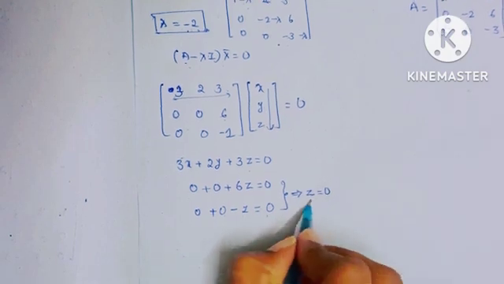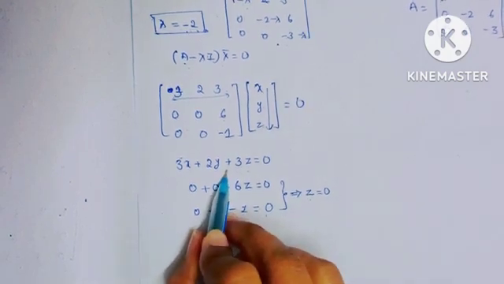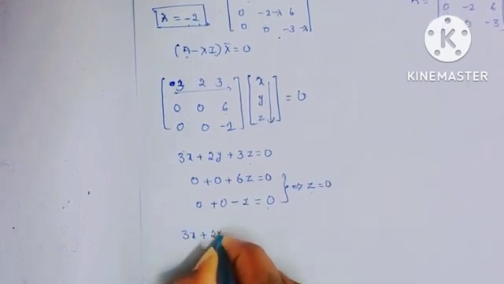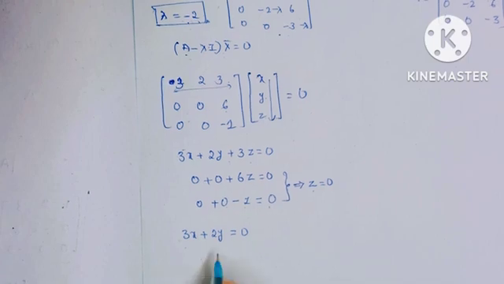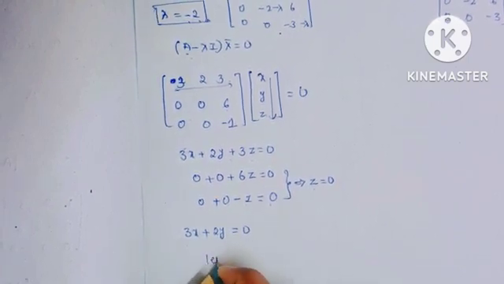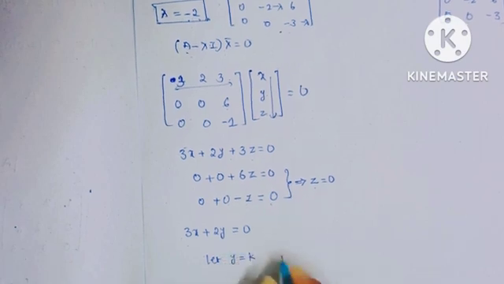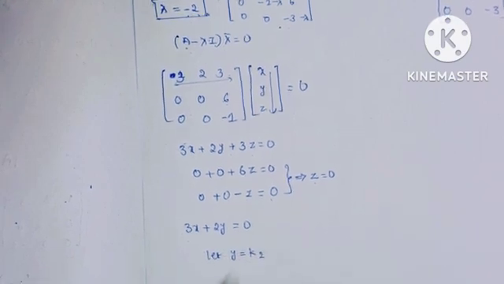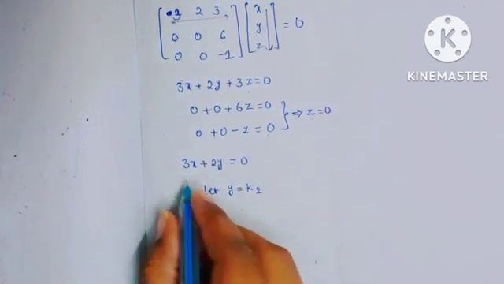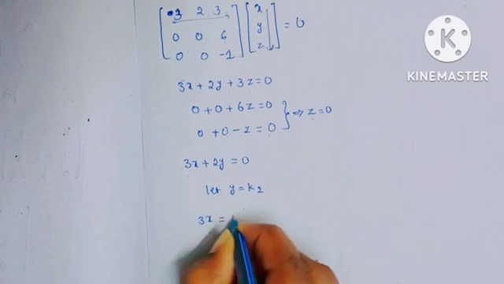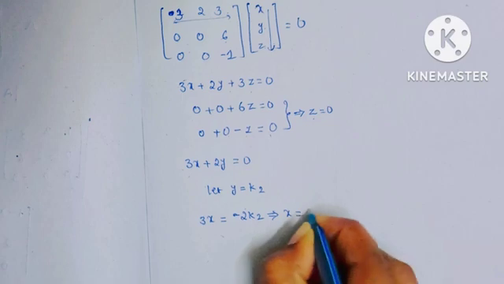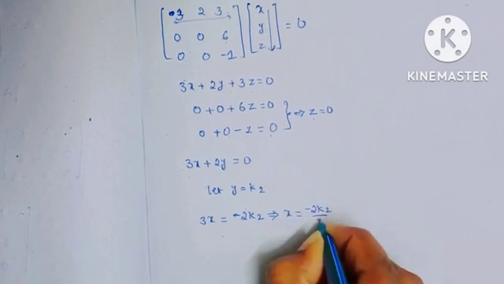After substituting z equal to 0 in the above equation, we get 3x plus 2y equal to 0. We can assume x or y as anything, so I am assuming y equal to k2. By substituting y equal to k2, we get 3x equal to minus 2k2, so x equal to minus 2k2 by 3.